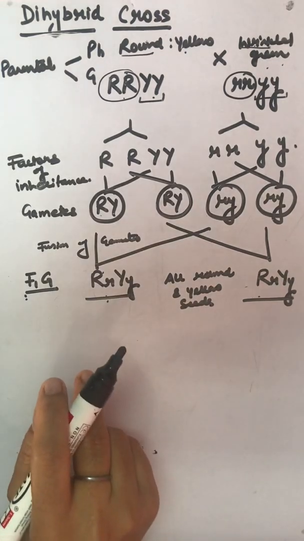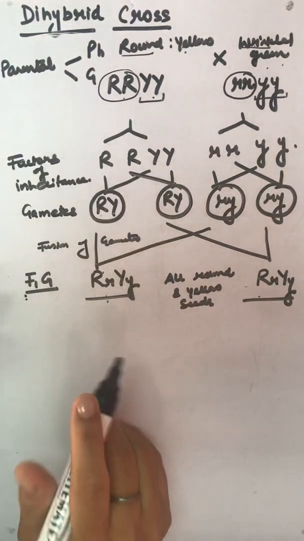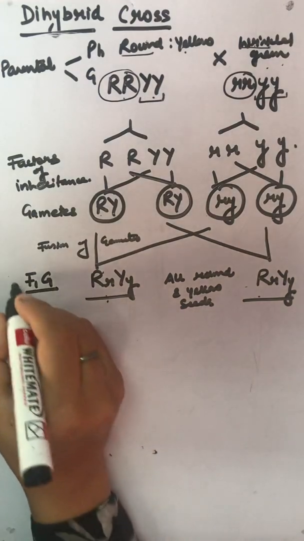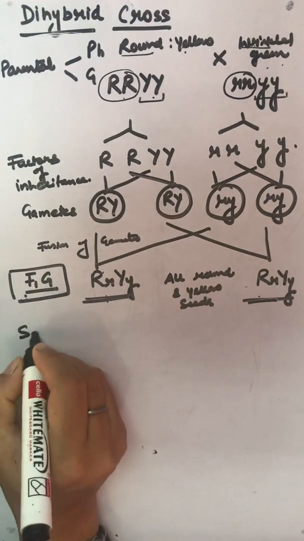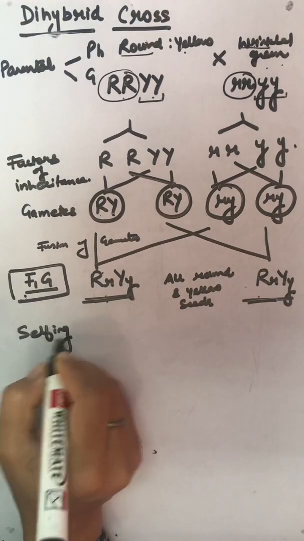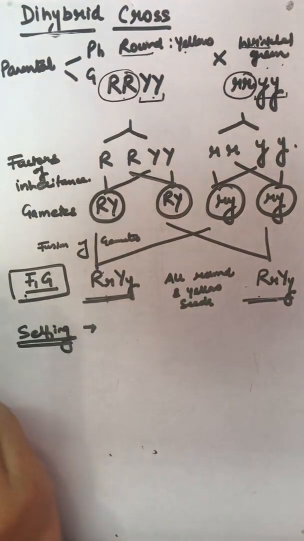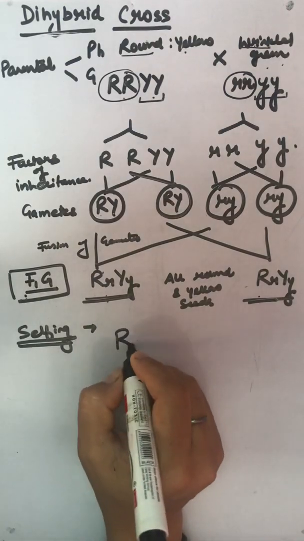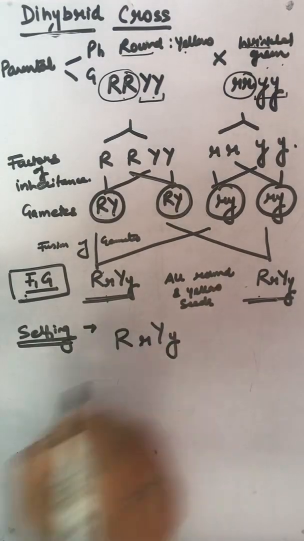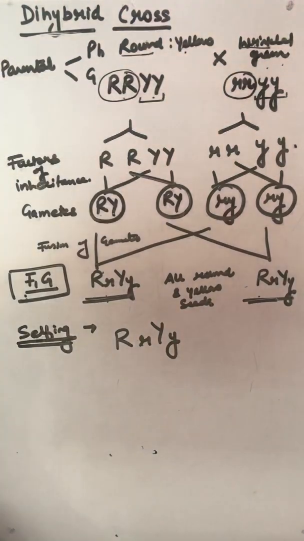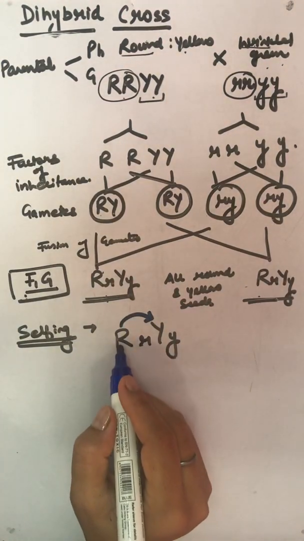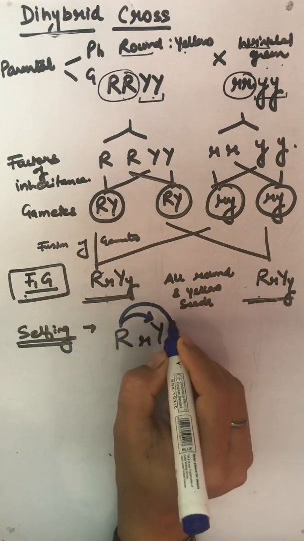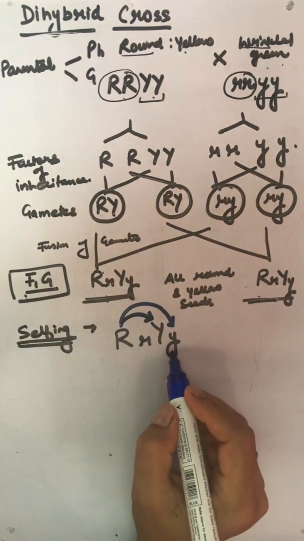Okay. Now here we are going to do selfing. F1 result is clear: all round and yellow seeds. What is selfing? Selfing is to form gametes of the next generation. Now I have this phenotype where first the round, this R, pairs up with the Y, and secondly it pairs up with the small y.